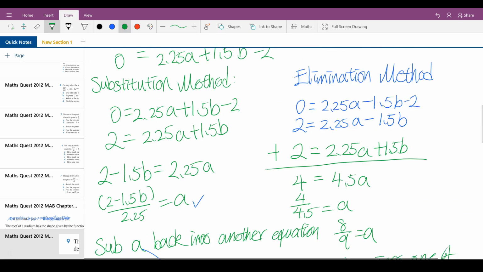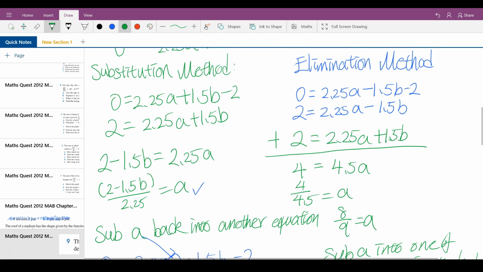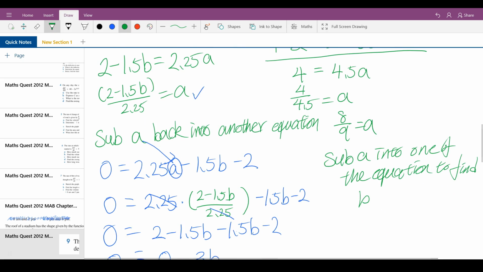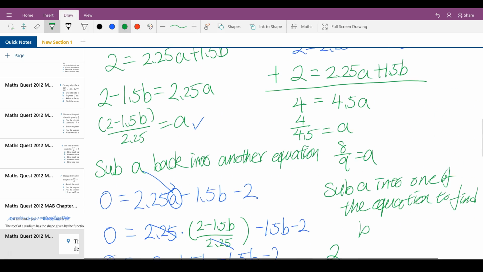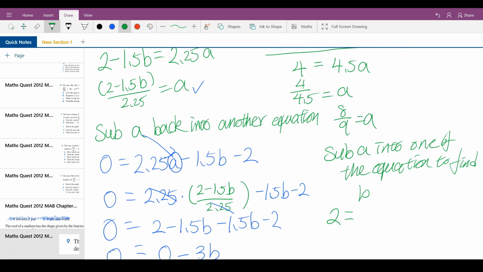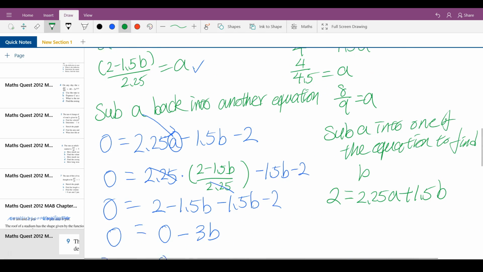All right, so let's just do it with the blue one. Oh no, it's the red one. Let's do it with the red one since we're using red. So let's see, 2 equal 2.25a plus 1.5b. Right?